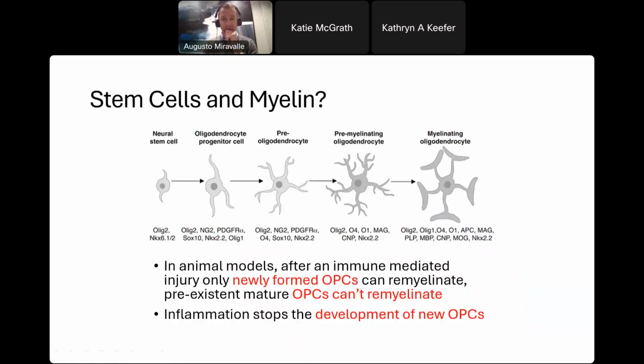remyelinating therapies. The other concept that is important is if you are in an environment of inflammation, like in multiple sclerosis, the pre-existing oligodendrocyte producing cells cannot remyelinate. So once you create inflammation in the brain, all these myelin producing cells that we have are unable to remyelinate.